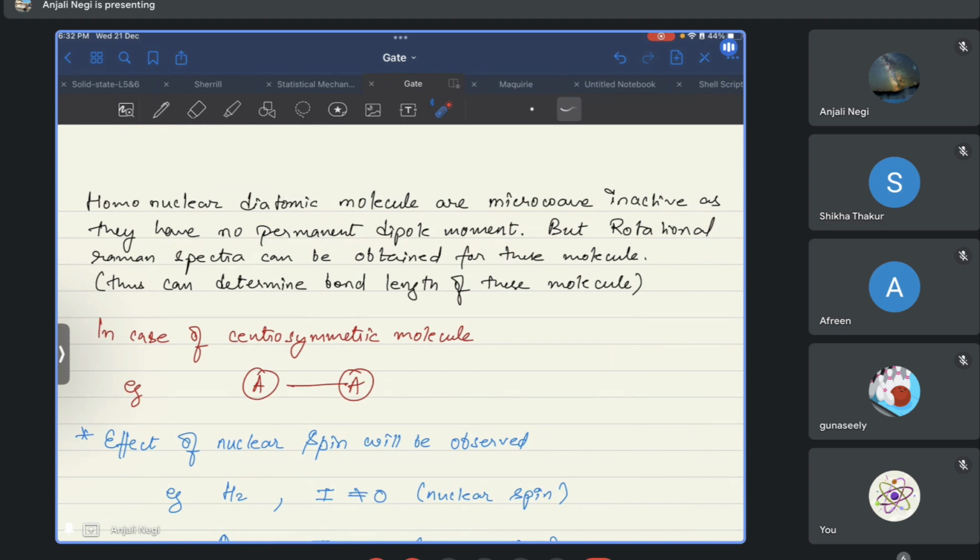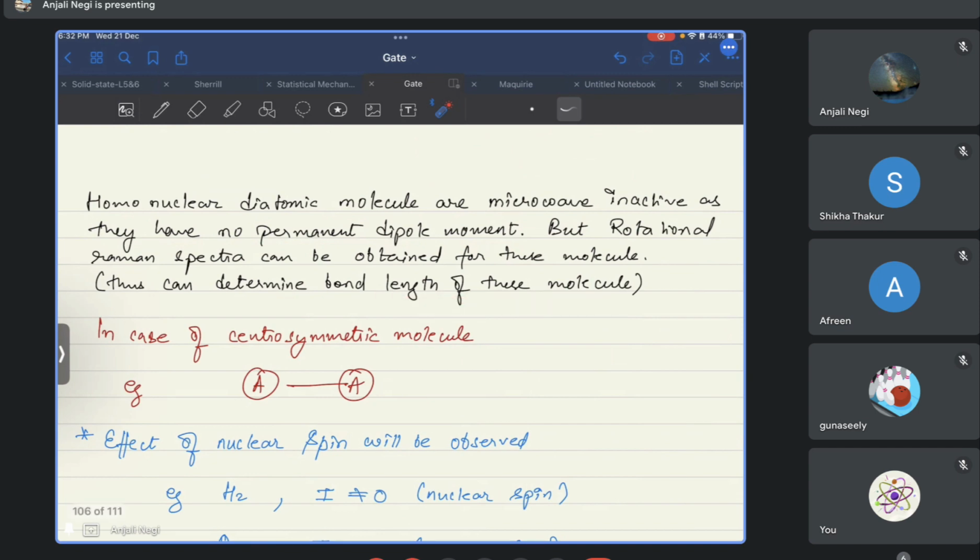When you get the rotational Raman spectra, you get the value of B, and from the value of B you get the value of I, and then from I you get R, which is the bond length. So one can determine the bond length of these molecules also.